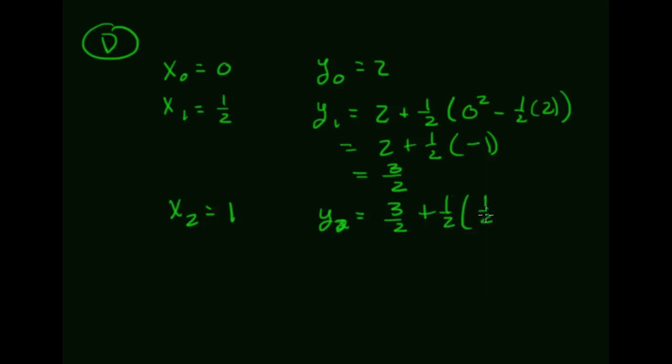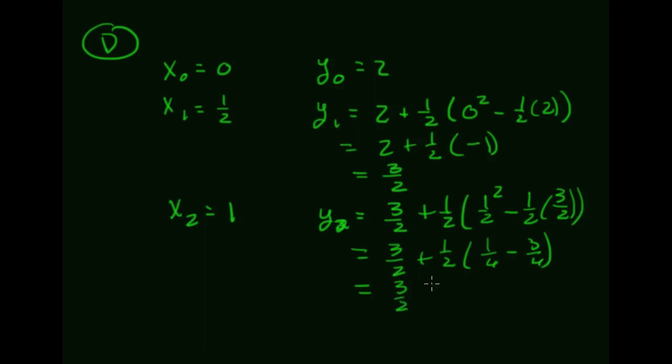So that's 1/2 squared minus 1/2 times 3/2. So this is 3/2 plus 1/2 times 1/4 minus 3/4. Let's see, 1/4 minus 3/4 is negative 2/4, so that's negative 1/2. So this is 6/4 minus 1/4, which is 5/4. So the value is going to be 5/4 for that problem.